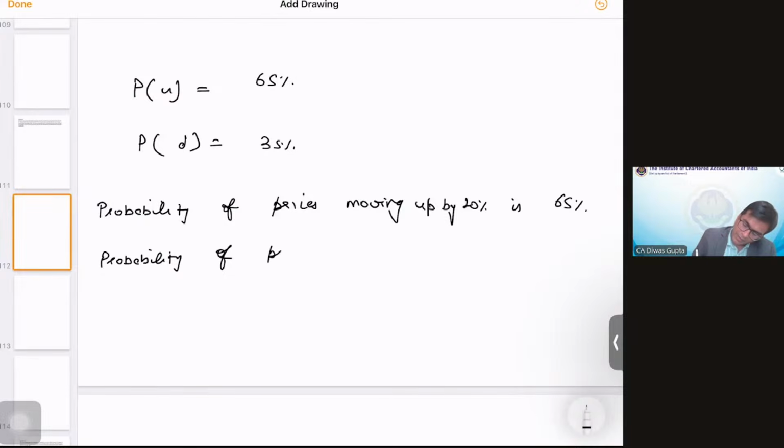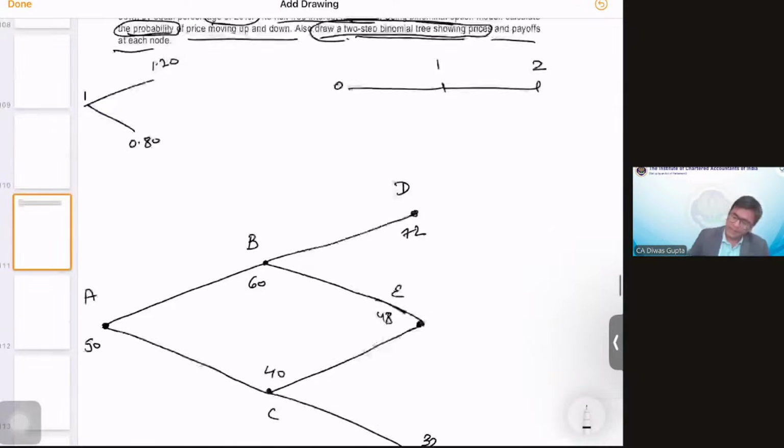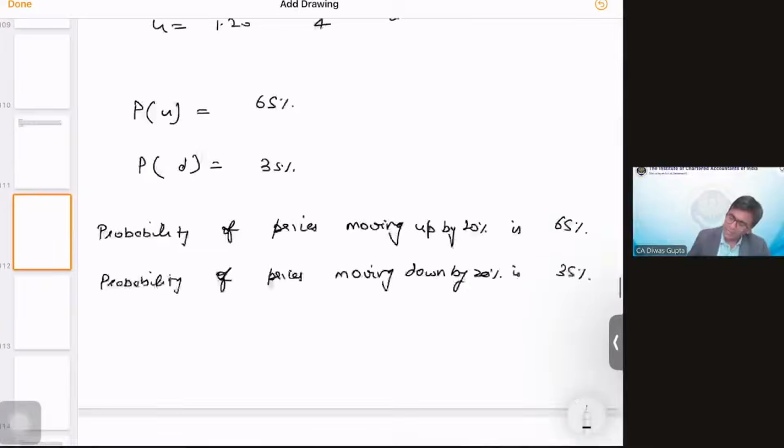Probability of prices moving down by 20% is 35%. Clear?